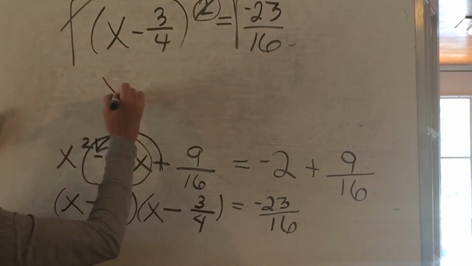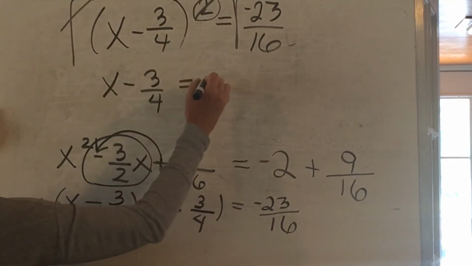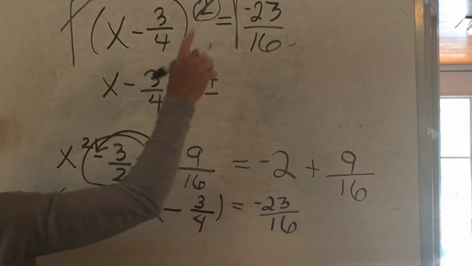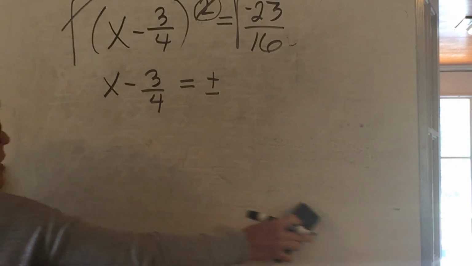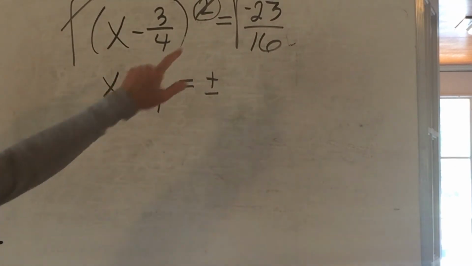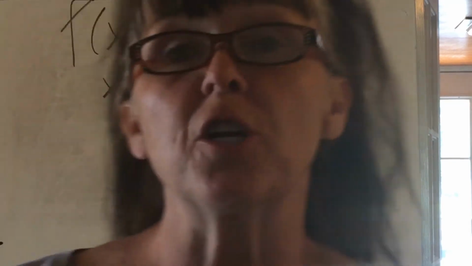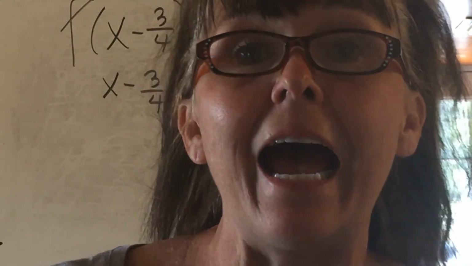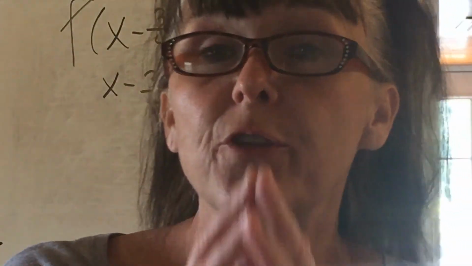Drop the parentheses, x minus 3/4 equals plus or minus. Now look at this. Whoa, I gotta think about this. Well, -23. Because it's negative, you're gonna lose the negative and add on an i. Very good. 23.